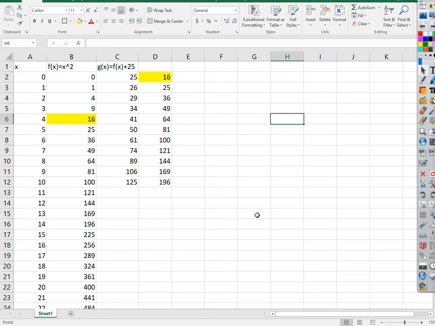For example. Doesn't that make sense, though? If they've already given us 4 hours, we're starting 4 hours in, right? We're making $16 instead of 0 for the first hour, then 25, right? What's another way we could write that formula, though? So here we said our input plus 4 squared. How could we write it in terms of our original output?